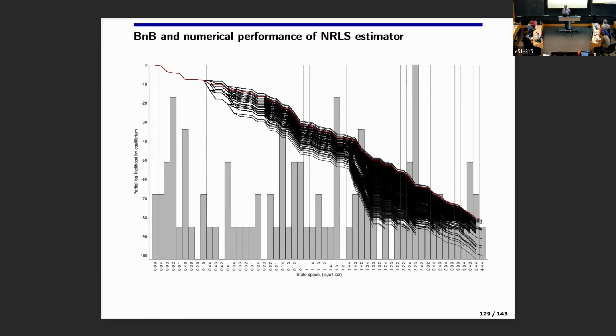And the idea of branch and bound is that once you reach one of the records, once you go through this whole process all the way, then you will know the level of the likelihood, which defines a kind of cutoff where you don't have to compute the likelihoods that are not looking promising anymore. Okay, does it make sense? So if I go through the RLS tree once and compute one equilibrium, we can compute a level of the likelihood for all of the data.